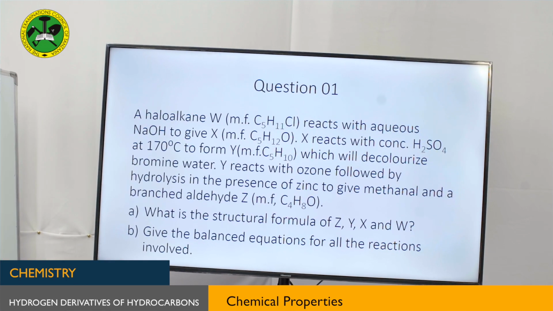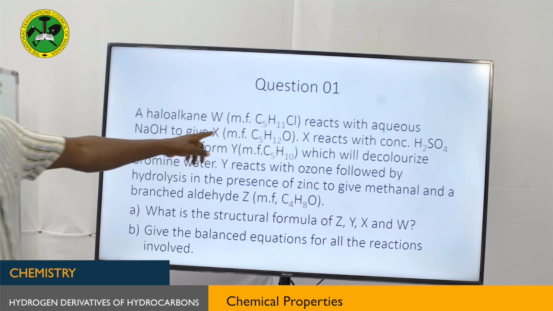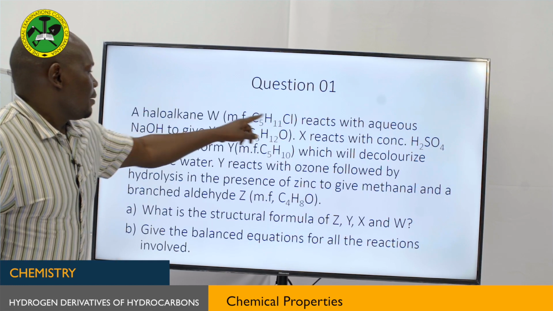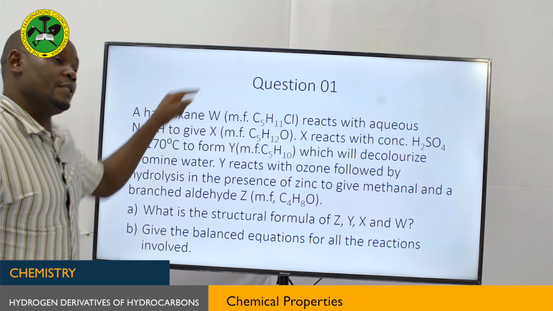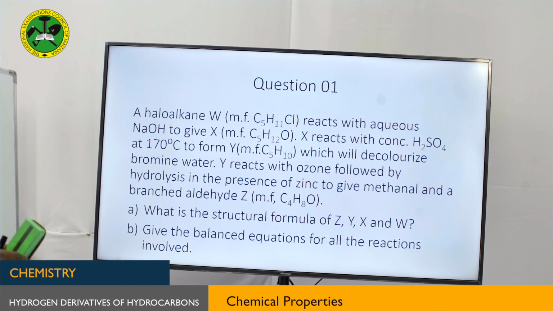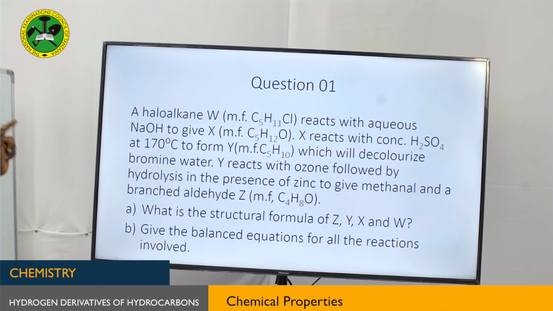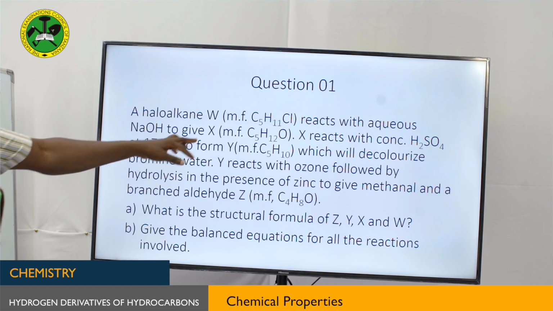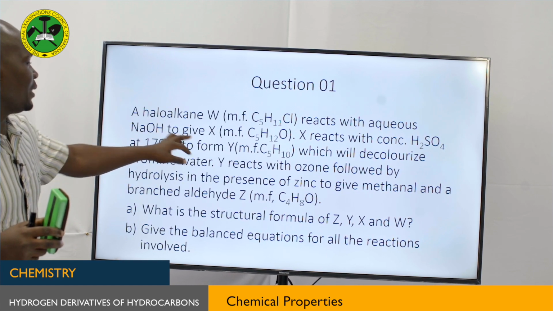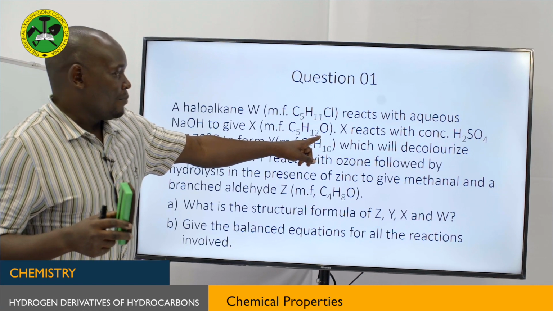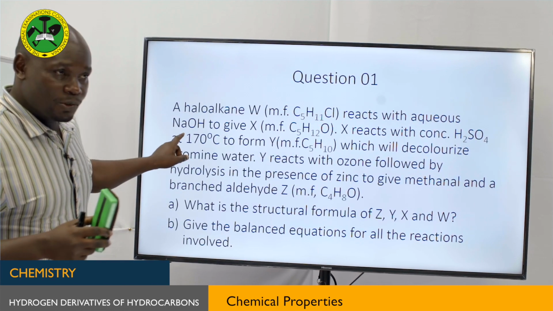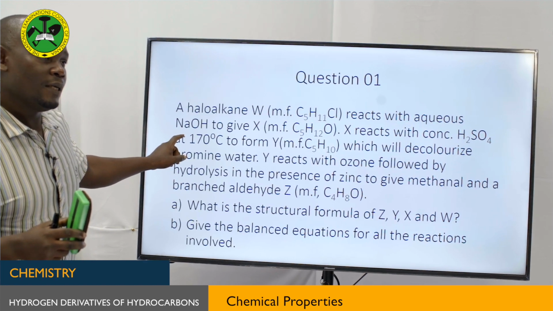As we have discussed here, if our compound is C5H11Cl, it is a haloalkane. We are told that when treated with this, oxygen has been added, but it is an aqueous solution, not alcoholic.